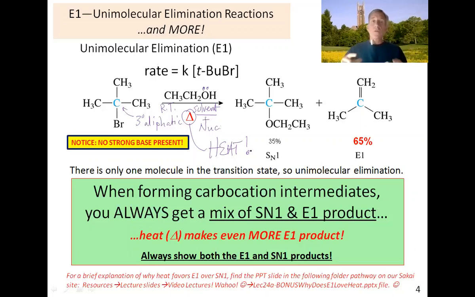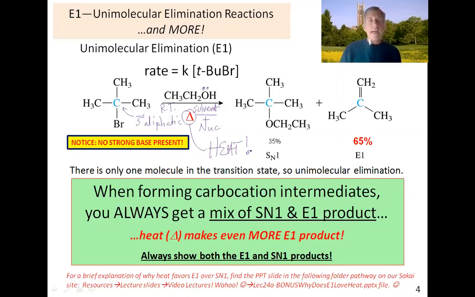I could go through a long explanation of why this is favored. I don't ever want anything in organic land to be magic, but I'd have to start getting into Gibbs's free energy law. And that phrase might just send you back to intro chem terror.